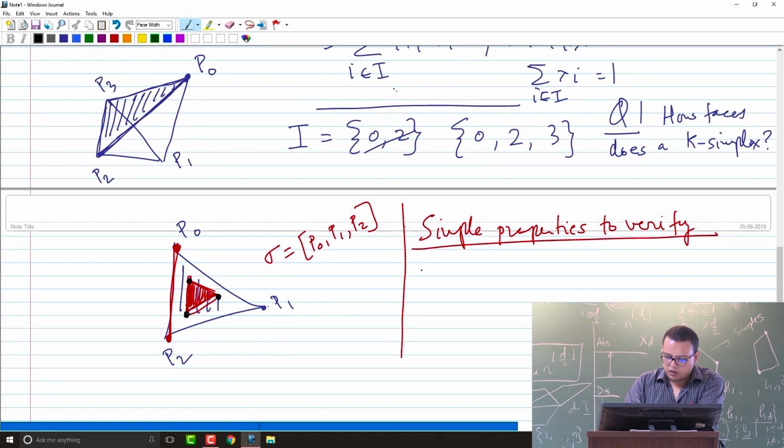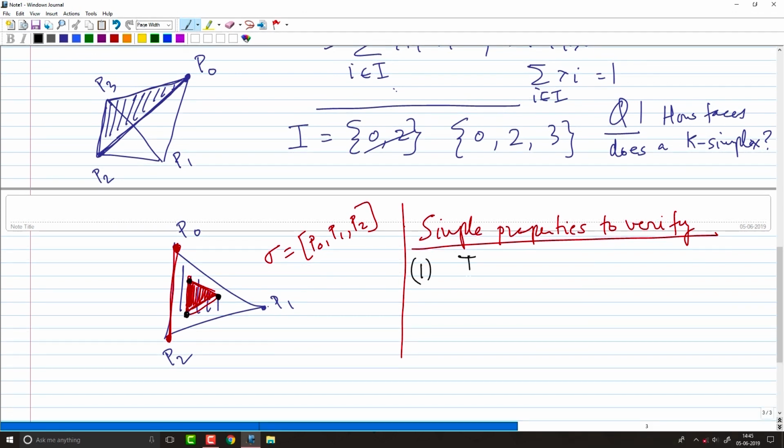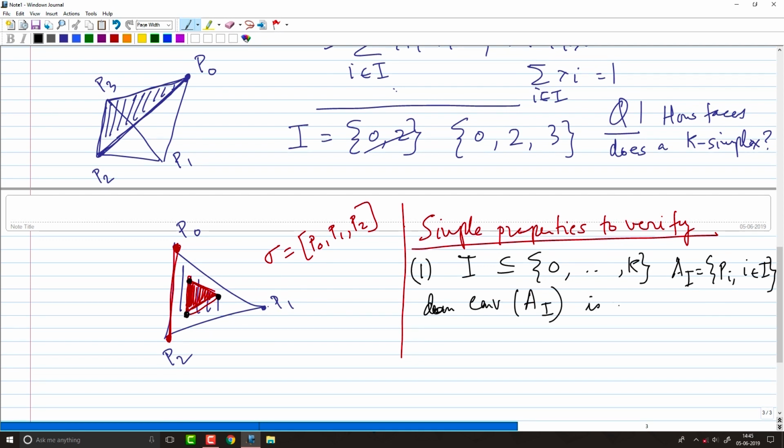Let us say I be again a non-empty subset of 0 to k. The first thing to verify is the face, the convex hull of, let me write as A_I, where A_I is all those P_i such that i belongs to capital I. This itself will be convex. This is also a simplex of dimension, what will be the dimension?